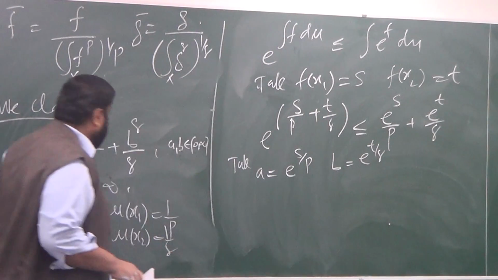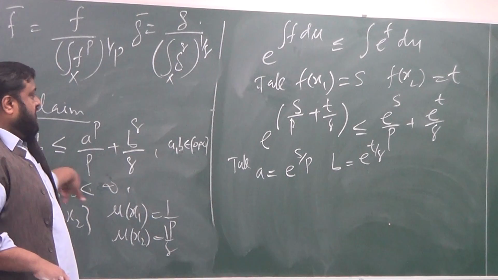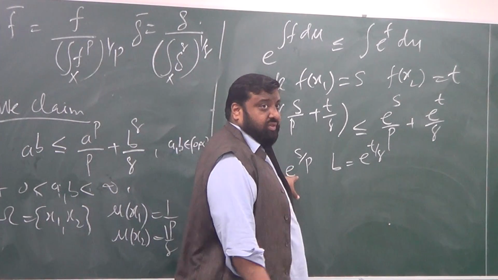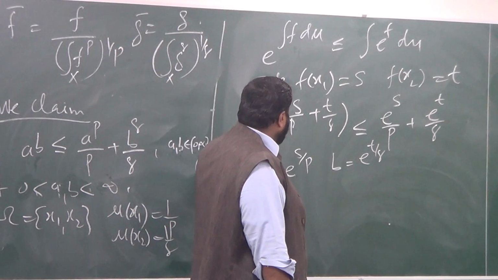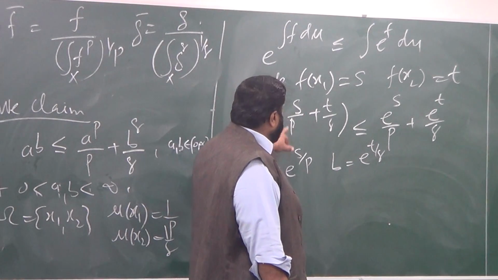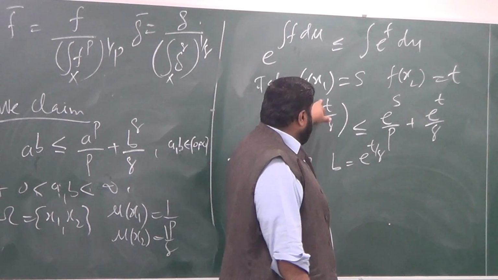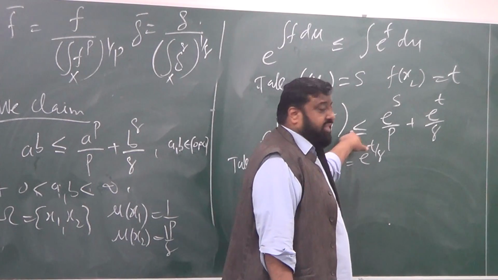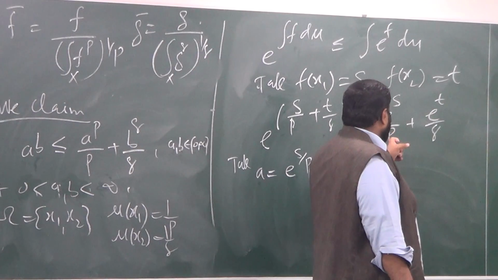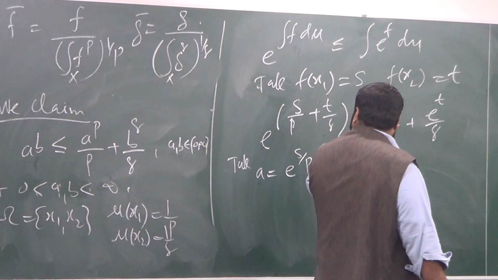So do we have the inequality? Yes. So you have e to the s over p, which is a, and e to the t over q, which is b, less than or equal to, what are we going to say?